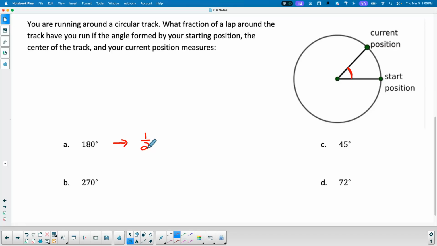If that red angle is 270 degrees, how much of the track have you run around? 3/4. If that angle is 45 degrees, how much of the track have you run around? 1/8. Yep, 1/8. Half of half of half.